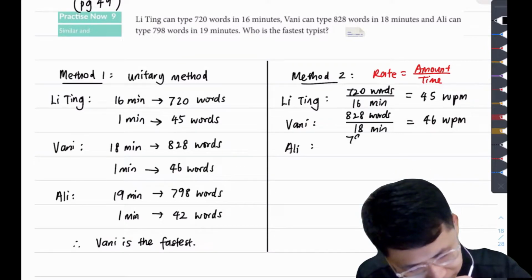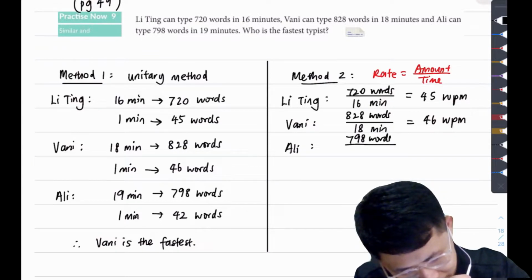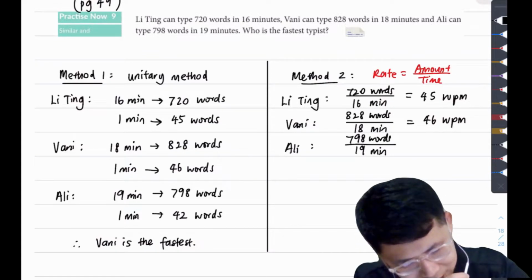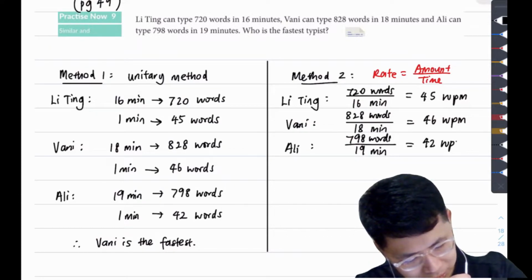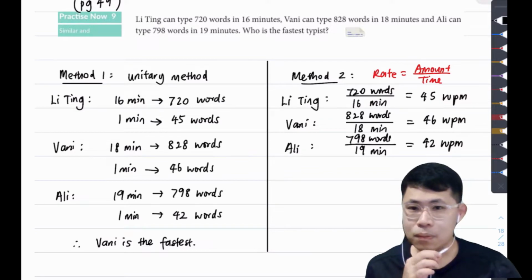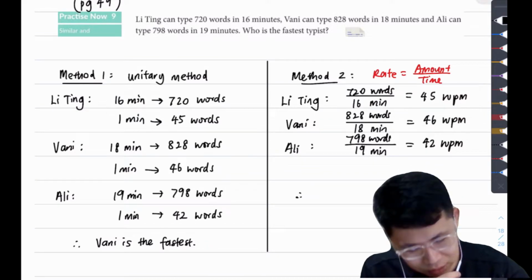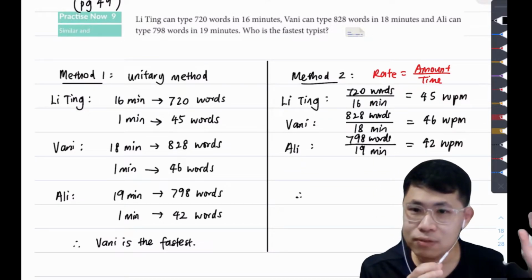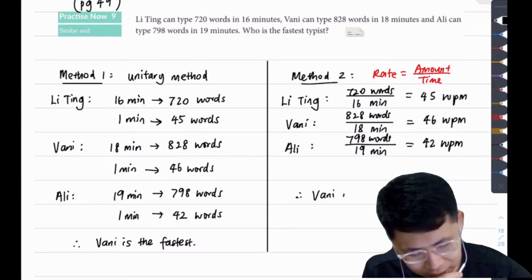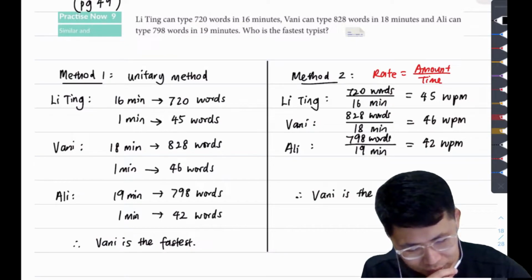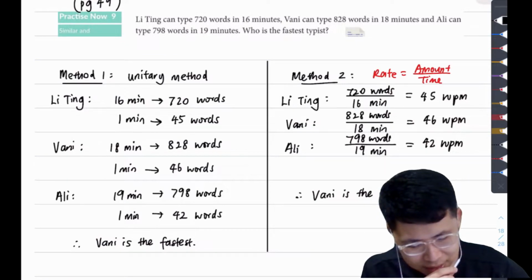Ali would be 798 words divided by 19 minutes. So this will give us 42 words per minute. Because of this, who has the most amount of words for every minute? Vani. So Vani is the fastest typist.